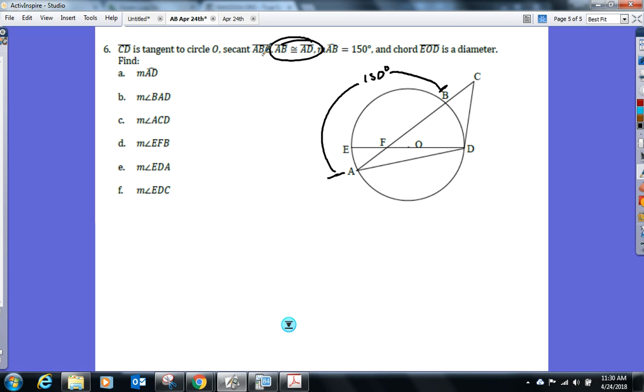All right, AB congruent to AD tells me that arc AB is congruent to arc AD. Yep. Congruent chords have congruent arcs. So what's arc AD then? Also 150.